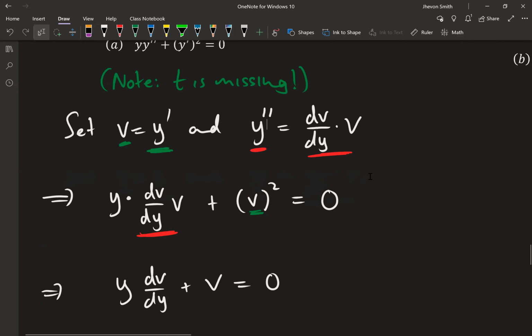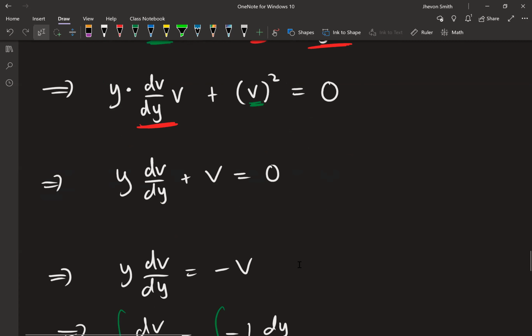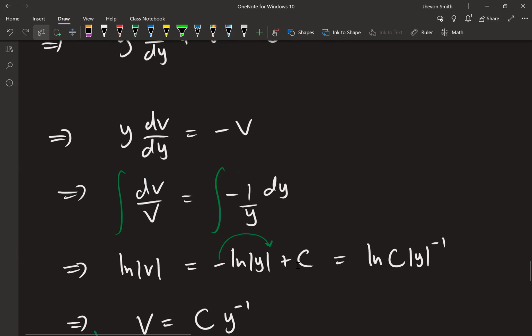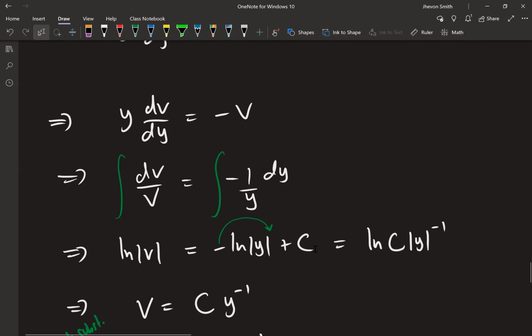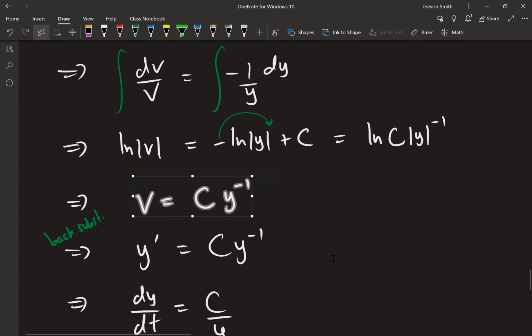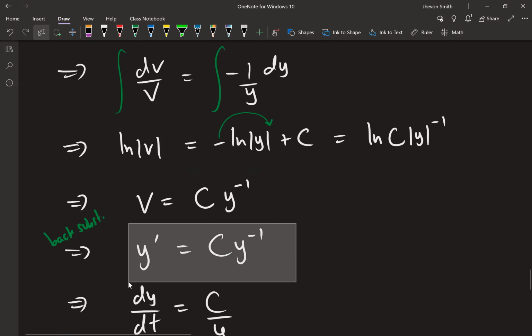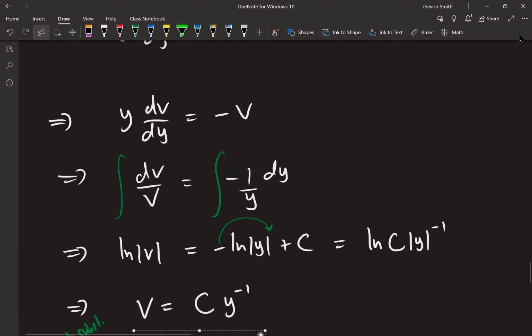And then I plug into the original equation. That is going to be a first order equation. It might be separable, it might be linear, it can be whatever. But it's going to be something that you know how to deal with because it's a first order. We know about a lot of those situations. In this case, it was separable. So I separated the variables, solved for the v, back substituted for the v, and then solved for the y.